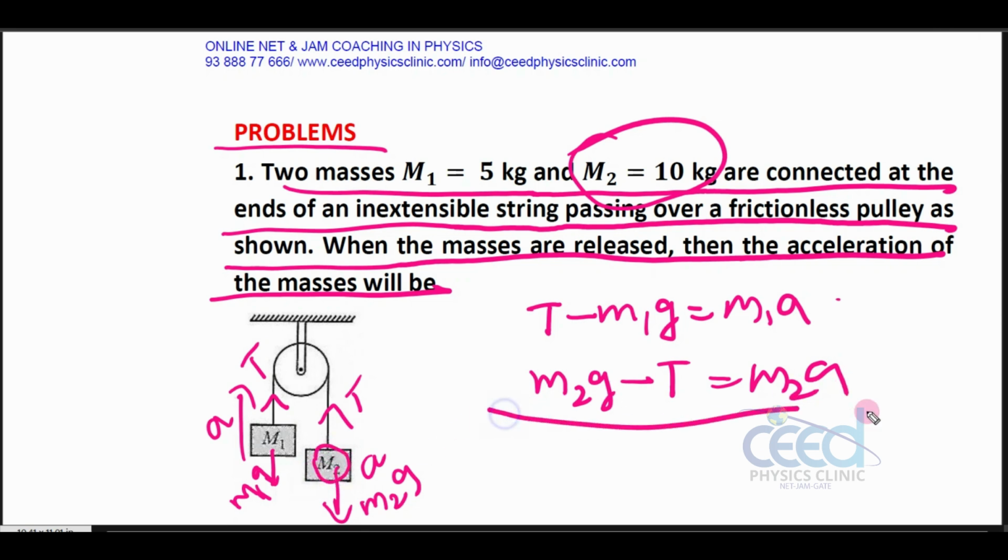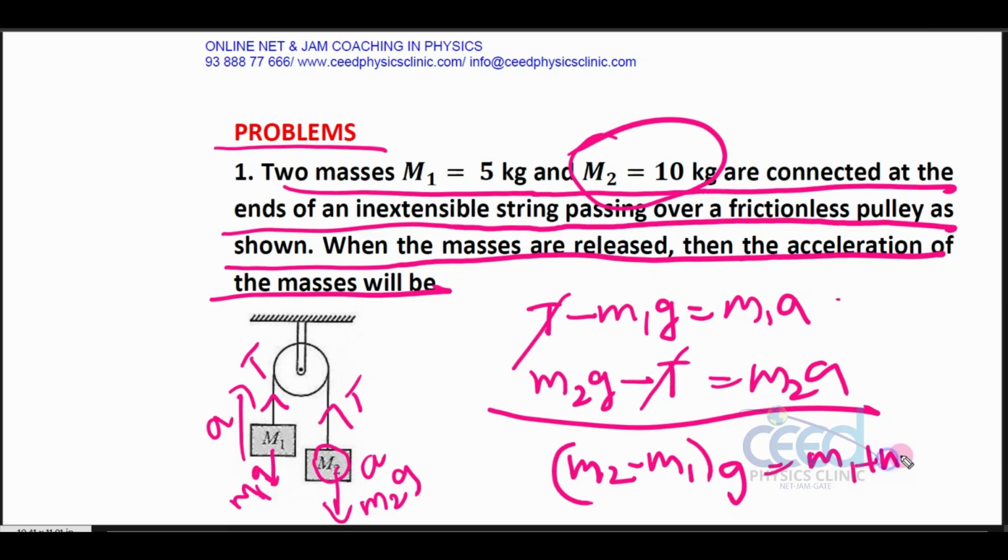Now by adding these, T cancels, and we can write M2 minus M1 into G is equal to M1 plus M2 into A. Then acceleration is equal to M2 minus M1 by M1 plus M2 into G.